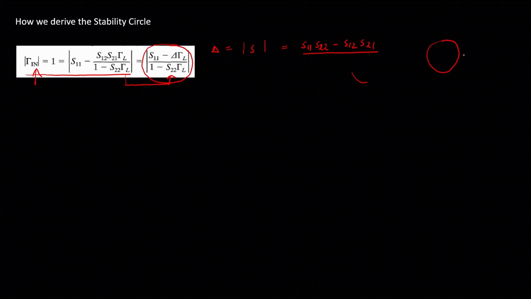That equation of circle will be in terms of gamma L, like each point will give me some value of gamma L, and if I design my amplifier with that value of gamma L, then I'll get a gamma in equal to 1, because your gamma in comes directly from the value of gamma L and the S parameters.